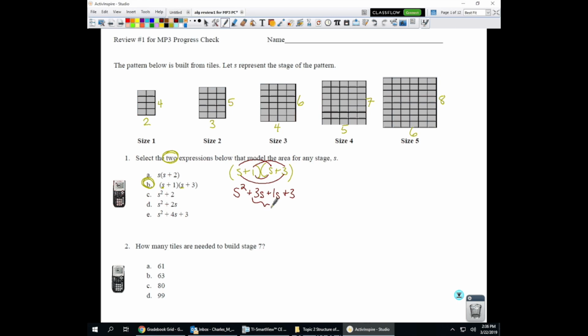In the middle, this 3s plus 1s, those are like terms, so I combine those, get 4s. So my second correct formula would be E, the s squared plus 4s plus 3.